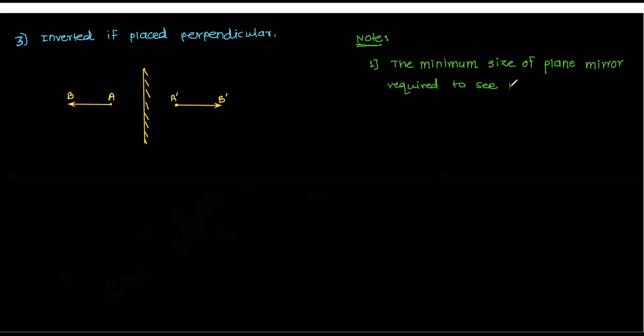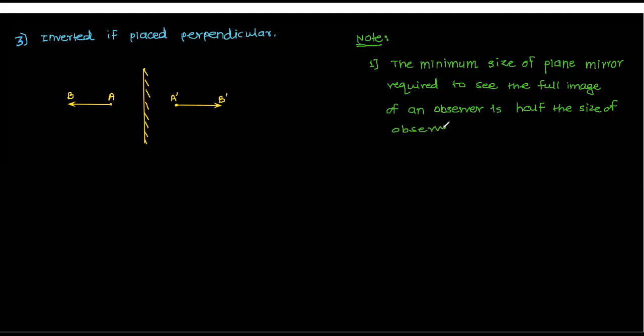to see the full image of an observer is half the size of the observer.